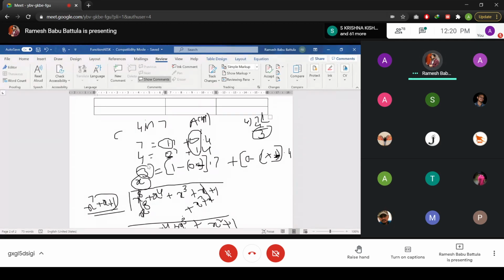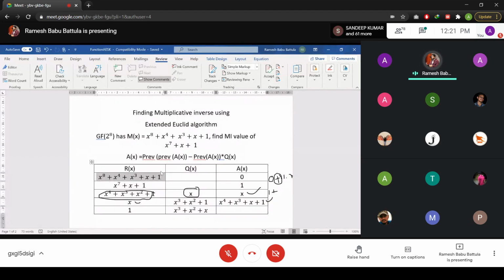Are you getting my point? Yes, sir. And the coefficient value we are using to compute the value here. This value we are computing like this. This is the formula which I told you: previous to previous of x minus previous of x into coefficient of x. Actually you need to perform like this.